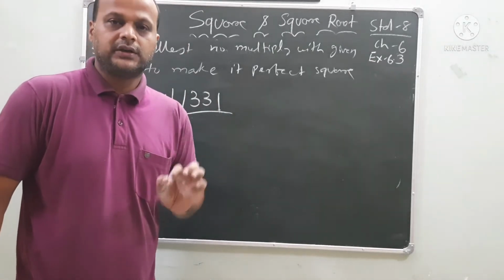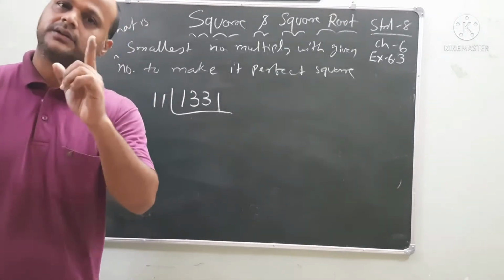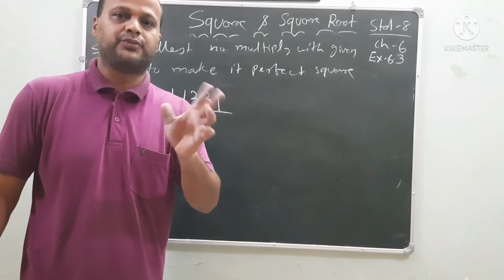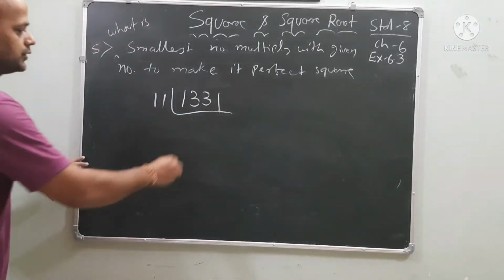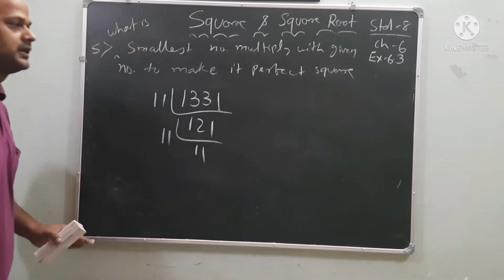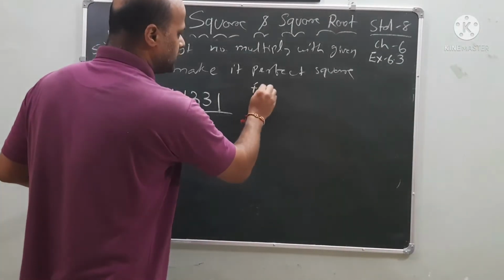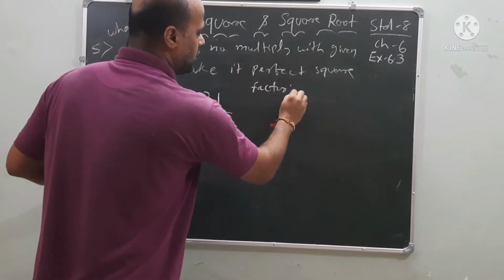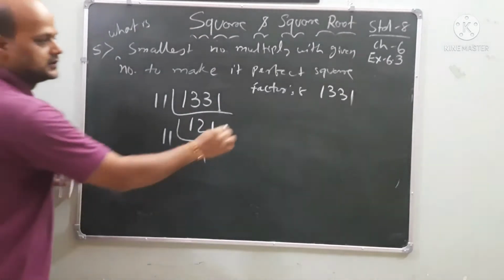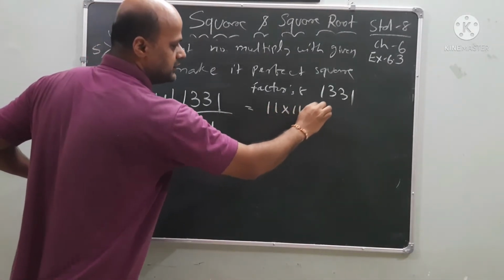Unit place 1 means the number ending with 3 or 7, the result will come in 21. 11 11s are 121. In this manner you have to find it. Okay, so 121. Again 11 11. Now remember, my dear friends, what are the factors of 1331? There are 3 factors: 11 into 11 into 11.